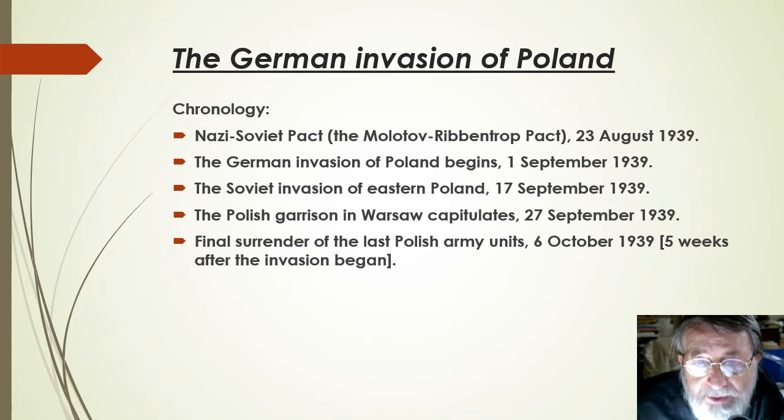The Polish garrison in Warsaw capitulated on the 27th of September, which really marks the final defeat of the Polish state, and then the final surrender of the last Polish army units was on the 6th of October, 5 weeks after the invasion began.